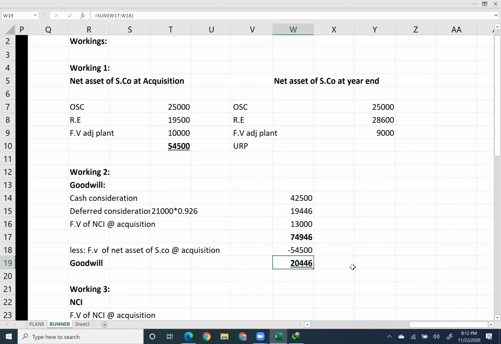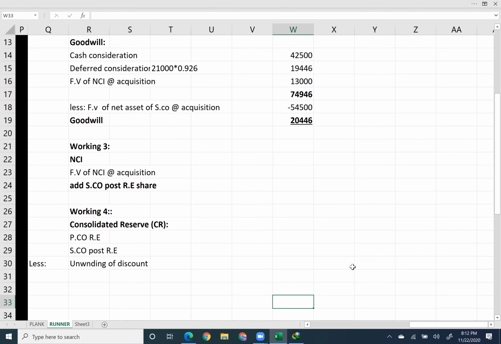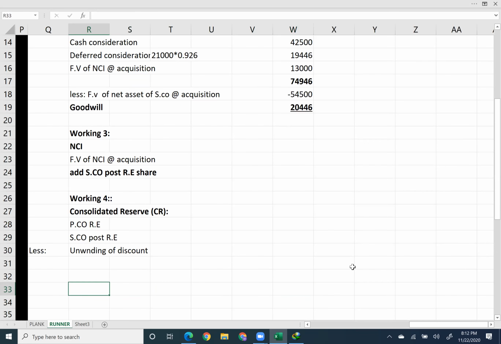Now let's do the URP working. What's the unsold inventory?